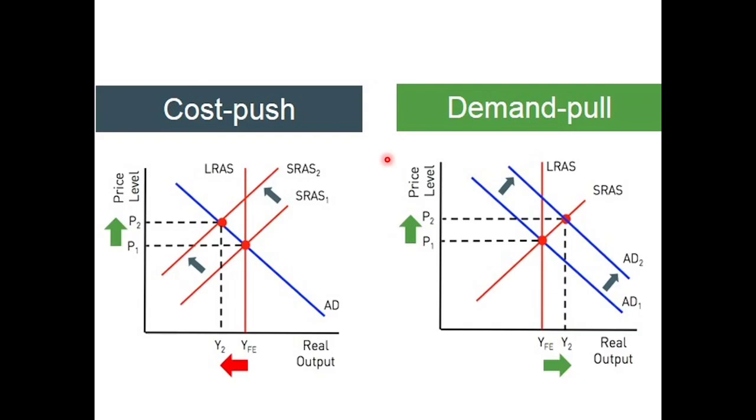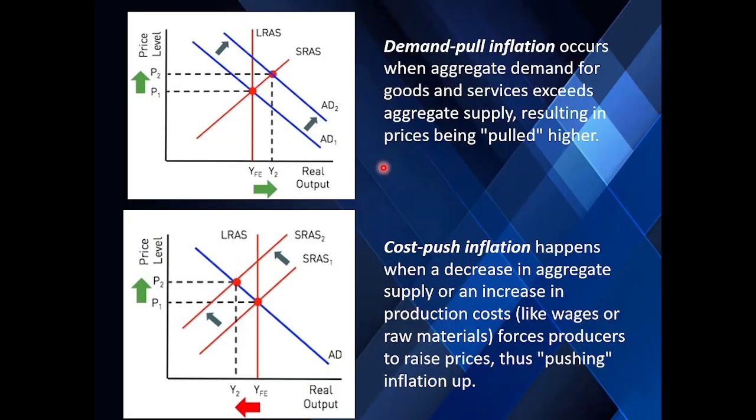Why does all this matter? Because equilibrium tells us whether the economy is underperforming, overheating, or operating at its potential. Policymakers use this framework to decide when to apply fiscal and monetary policies to stabilize the economy.